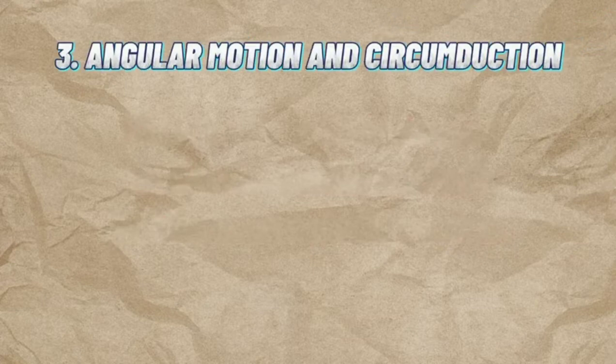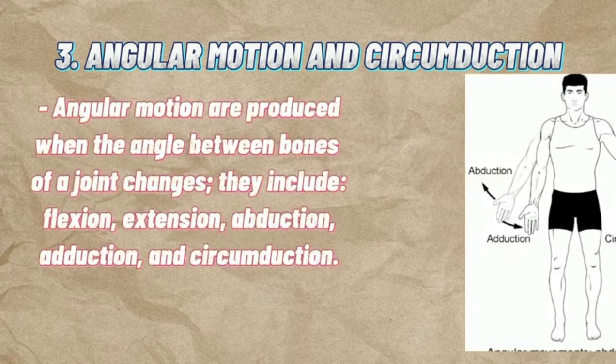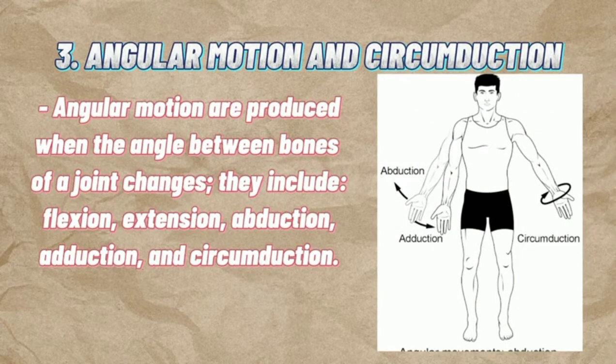The third movements are angular motion and circumduction. Angular motions are produced when the angle between bones of a joint changes. They include flexion, extension, abduction, adduction, and circumduction.